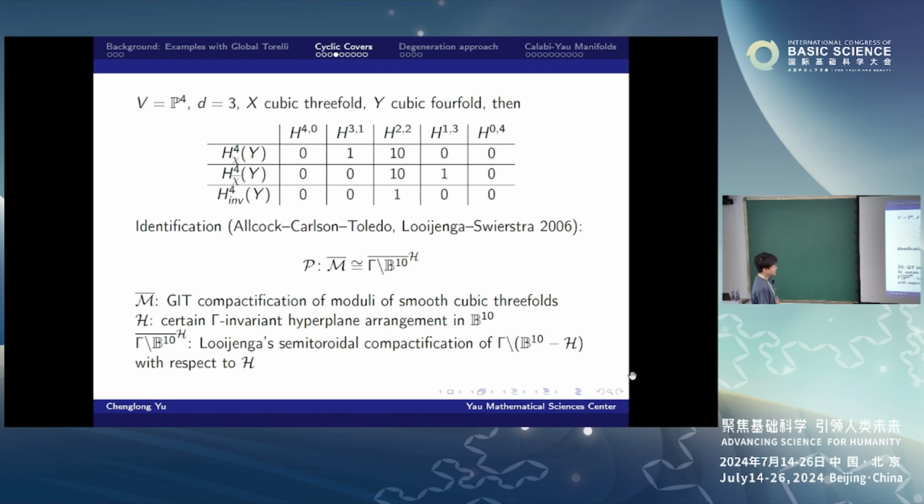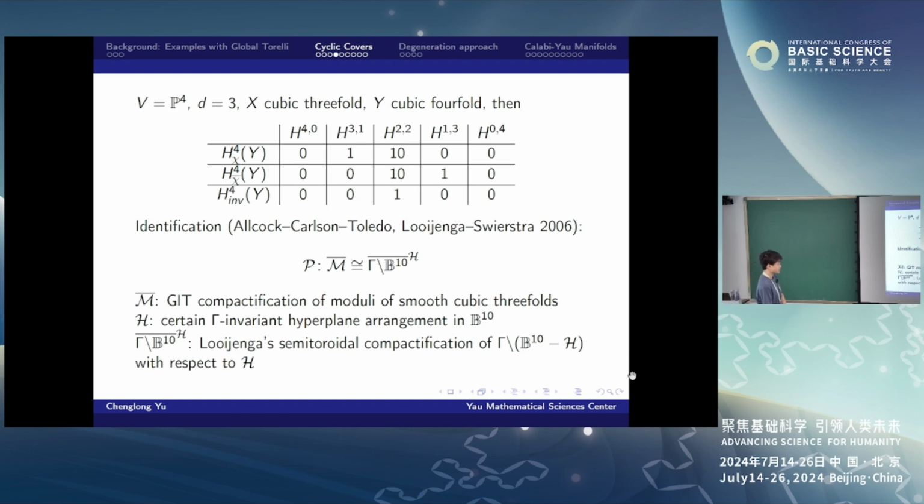And this is again the work by Allcock, Carlson, and Toledo, and also by Looijenga and Swierstra, simultaneously, independently, around the same time. So you consider the moduli space of cubic threefolds, and on the right-hand side, you don't have the Baily-Borel compactification. It's another compactification called Looijenga's semi-toric compactification.